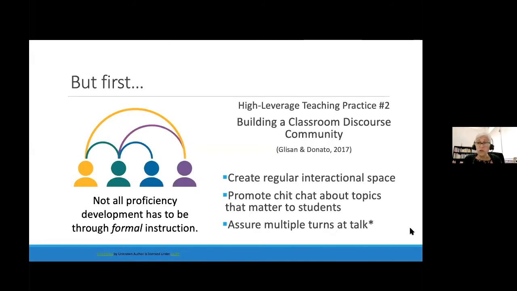And so teacher to student, student to teacher, student to student, making your classroom a place where the target language is used in all sorts of chit chat for all different kinds of contexts that matter to your students is one of those ways that you can assure proficiency development without engaging in the formal instruction of it.